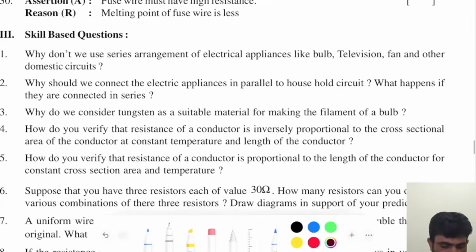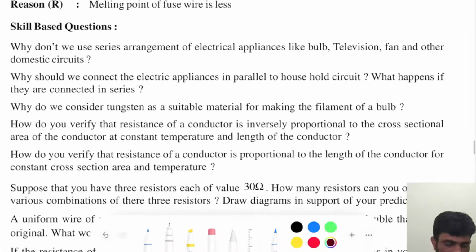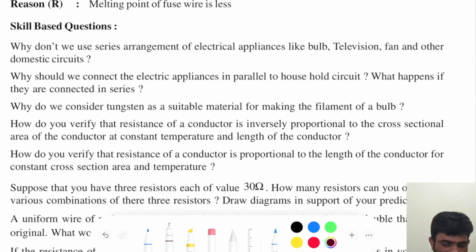Here are some skill based questions. First question: why don't we use series arrangement of electrical appliances like bulb, television, fan and other domestic circuits? What happens if we connect all these domestic appliances in series?